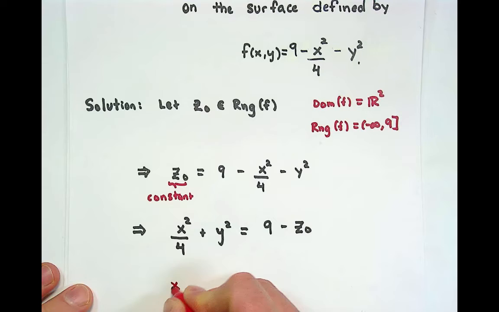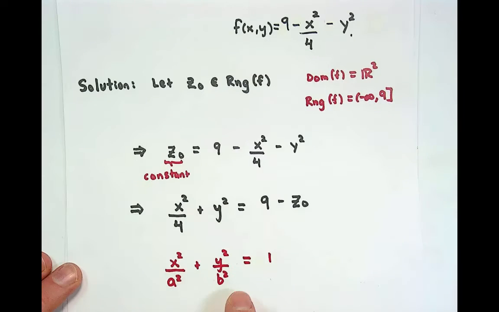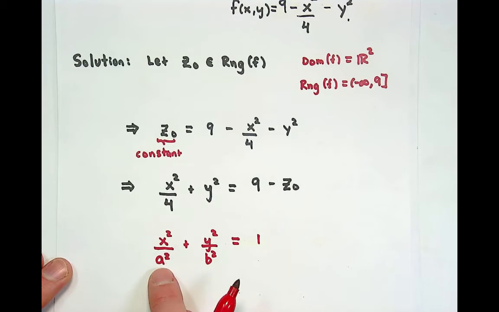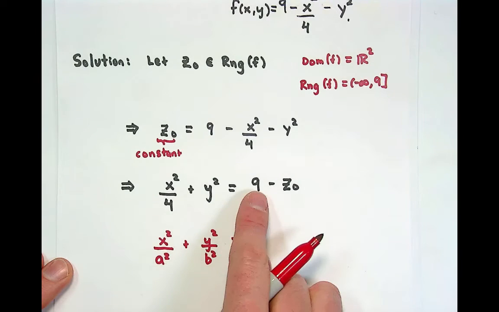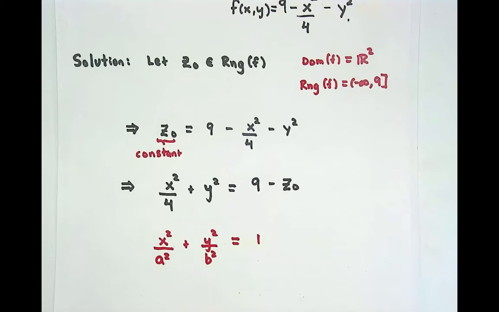And just as a way to get excited about life and ellipses, if I drop an a squared on the bottom under x, a b squared on the bottom under y, and a 1, this thing would be an ellipse with x semi-axis length a, y semi-axis length b. We're almost there in the x, except this stupid 9 minus z naught is messing us up.